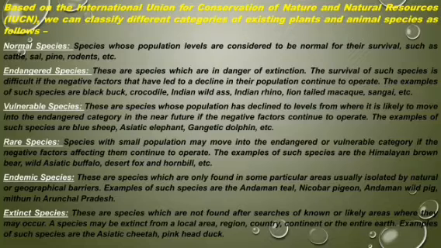That is, there are some species found there: Andaman teal, Nicobar pigeon, and there is Mithun in Arunachal Pradesh. These are some animals which are found in this category. Means they have been separated by geographical barriers. In this way, they are considered endemic species.